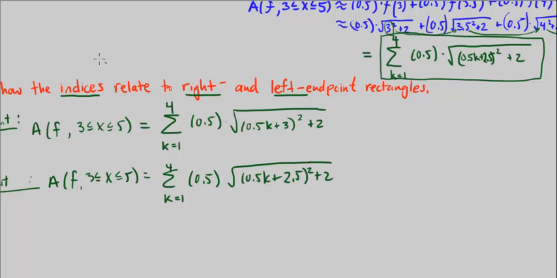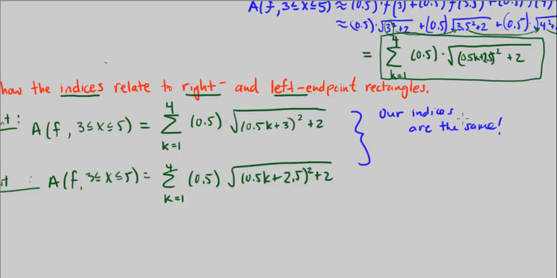So how do the indices relate? I just rewrote it so we can look at the indices. The indices are here. We're going from 1 to 4. So right off the bat, our indices are the same.